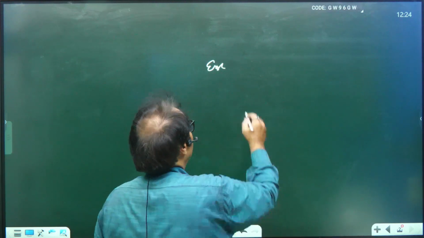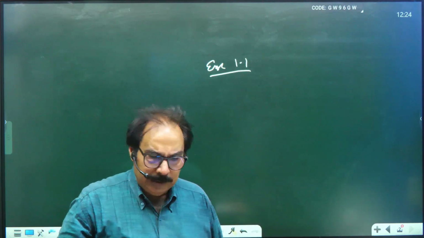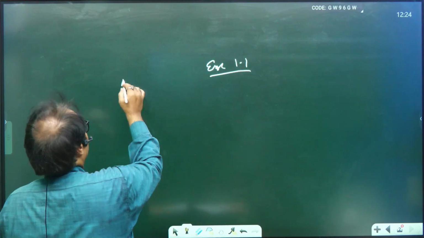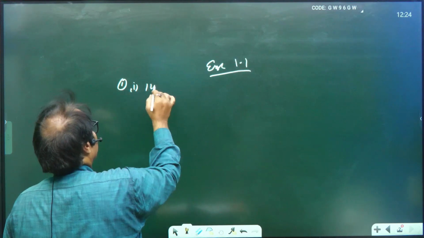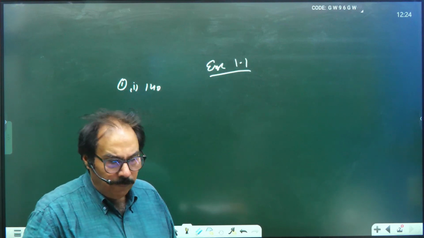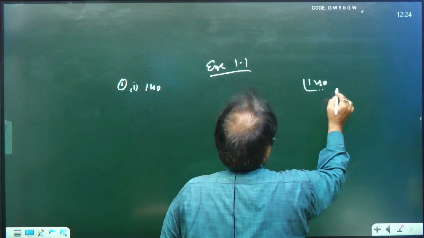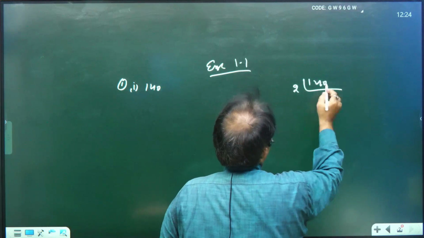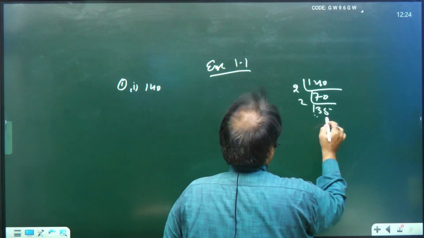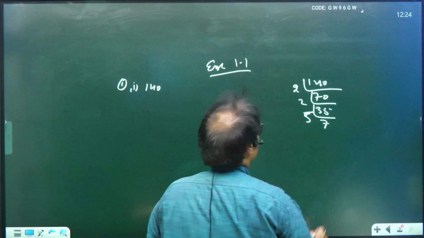I am taking exercise number 1.1. The question says: express as the product of its prime factors. The first part is 140. What we have to do is divide 140 by 2, taking prime numbers: 70, then 2, 35, then 5 into 7, since 5 sevens are 35.